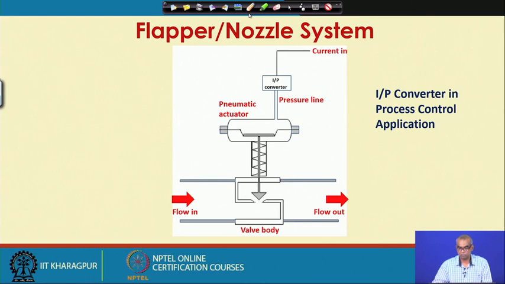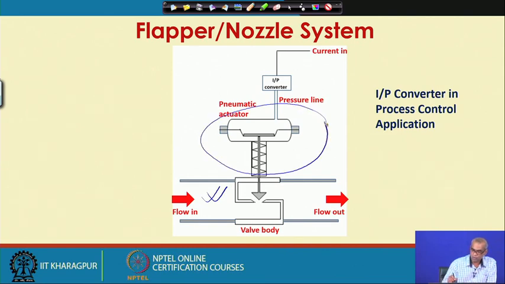Let us say the electrical controller is being used in my process industry, and I want to control the flow through this pipeline. So, I am making use of a pneumatic control valve. The pneumatic control valve has a diaphragm here.